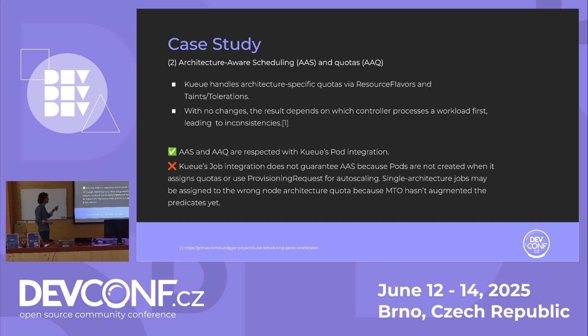It's still a problem because it works on the higher level object when the pod does not exist yet, and we will end up in a situation for which the pod supports only AMD, but Queue assigns it to ARM, and then the multi-arch tuning operator wants to assign it to ARM, but it finds the node selector, and at that point, it doesn't change it anymore.